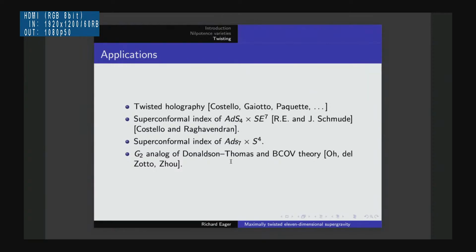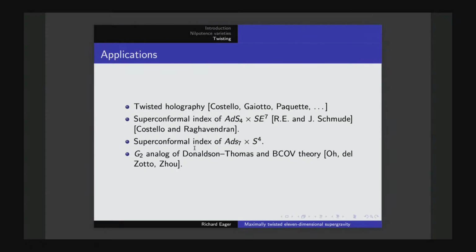Okay, so then going back to the main motivation of the introduction, one of the main applications that we're looking forward to is applying this to twisted holography, which was the main motivation of Costello and Lee.